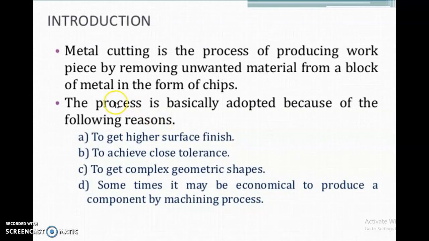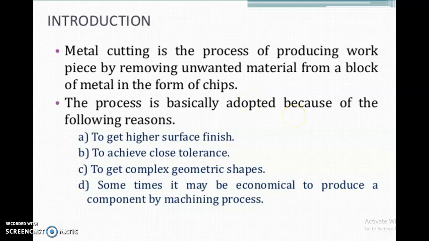Introduction. What is metal cutting? Metal cutting is a process of producing a workpiece by removing unwanted material from a block of metal in the form of chips. It can also be said as removing the excess material and finally getting a required shape.